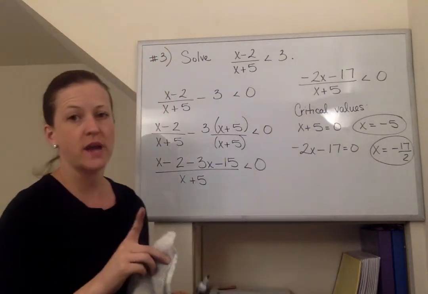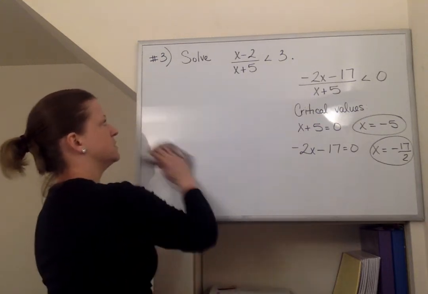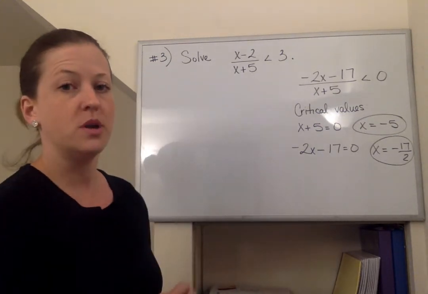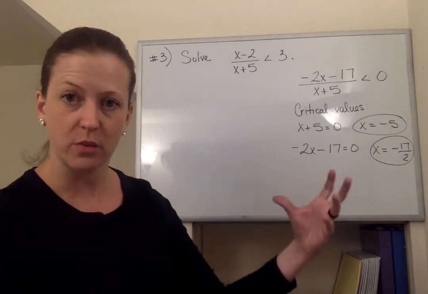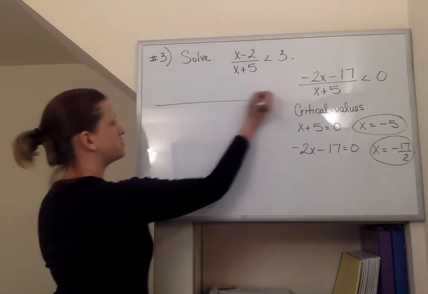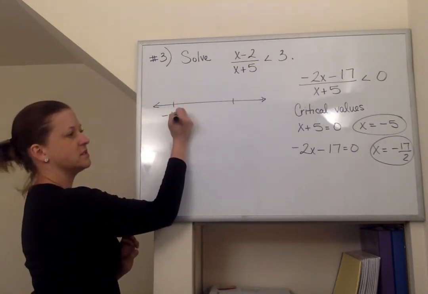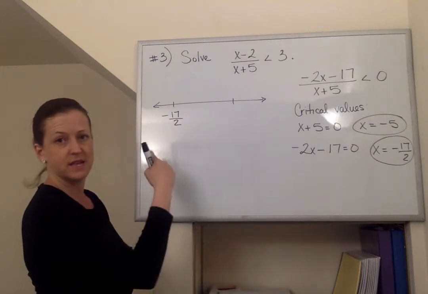Okay? So now, I'm going to erase this. If you need to pause and take notes, you can. We're going to set up a number line and try to figure out what's happening in each of our intervals. So negative 17 halves is less than negative 5.